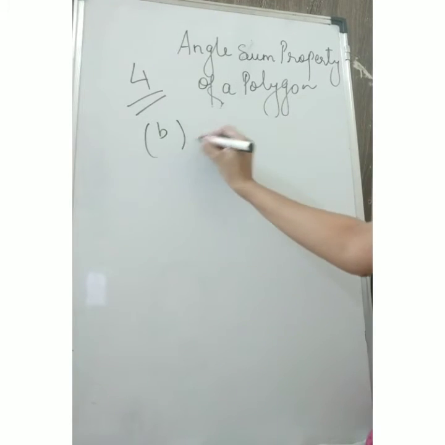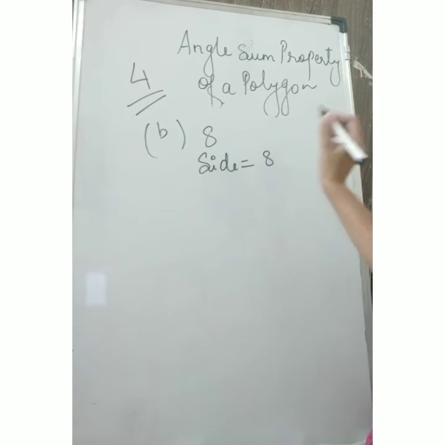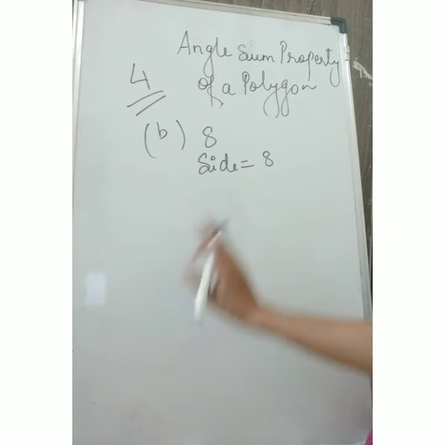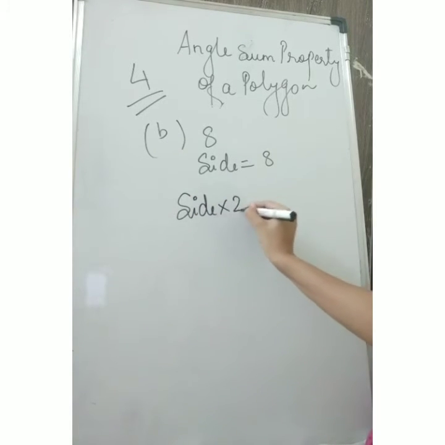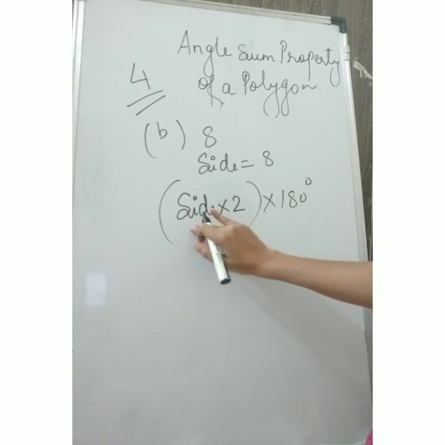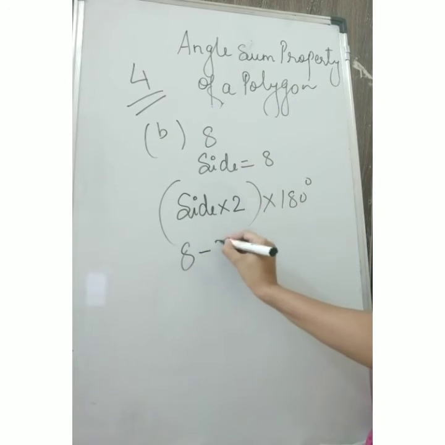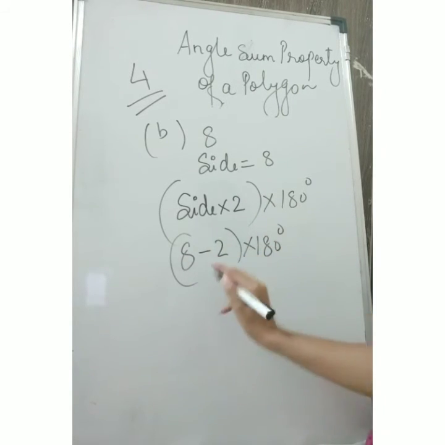Now part B is, if it has how many sides? 8 sides. If we have 8 sides, what will be the sum of the angles of an octagon? So the formula is sides minus 2 into 180 degrees. Sides is what, students? 8 minus 2 into 180 degrees. 8 minus 2 is 6 into 180 degrees.